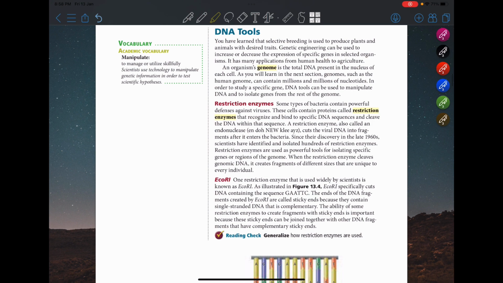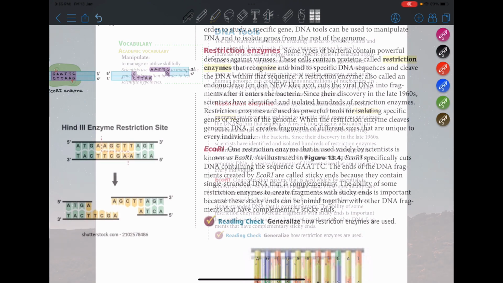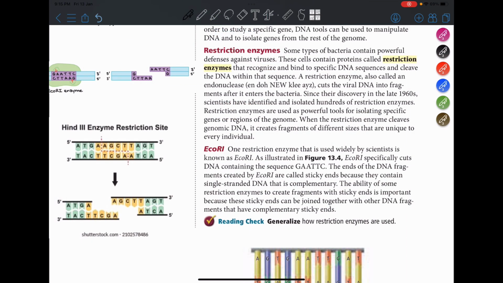Right, let's look at DNA tools. All right, restriction enzymes. Some types of bacteria contain powerful defenses against viruses, so they have to defend themselves against viruses. One way they do that is they use restriction enzymes. A restriction enzyme recognizes and binds to specific DNA sequences.